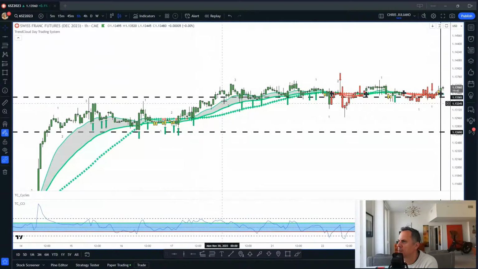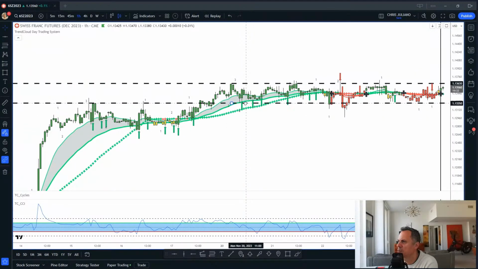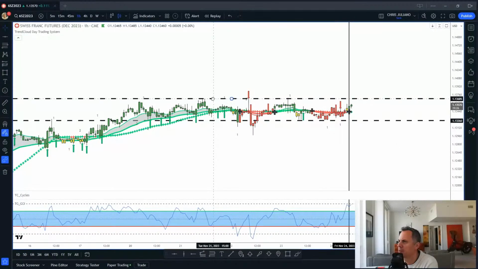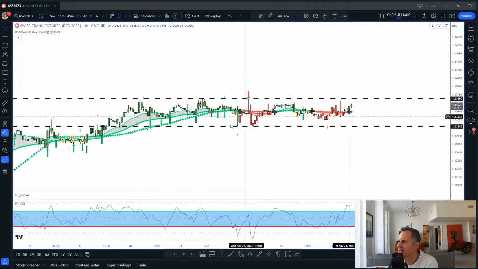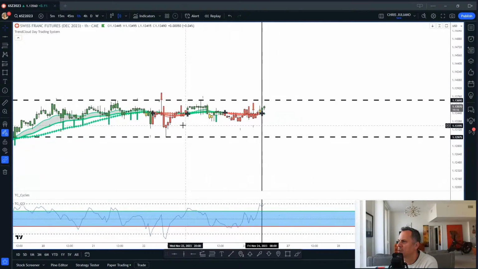Range bound, breaks above. Put that there. We can't bring this up until it breaks above again, right? So we broke above. We can bring that there. Now we're range bound, and we're sort of breaking to the upside a little, pulls back, breaks to the downside, retest, breaks to the downside again, right? So we're just sort of in the middle here.